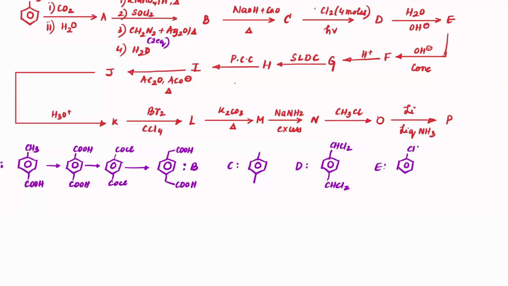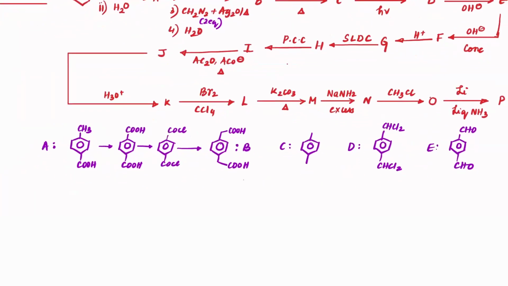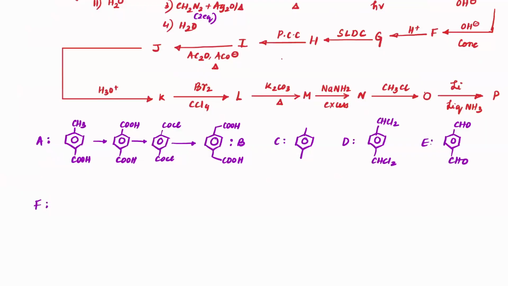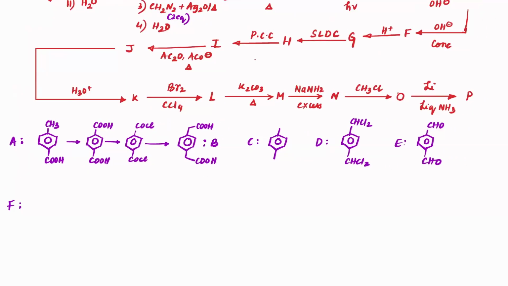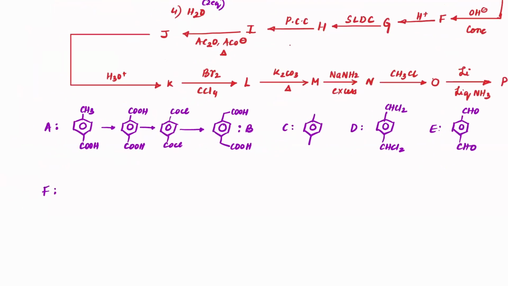So hydrolysis will make it CHO and CHO. And next F. F is about using OH minus concentrated. So you can see there is an aldehyde and aldehyde within the molecule. So that will be making a Cannizzaro reaction.